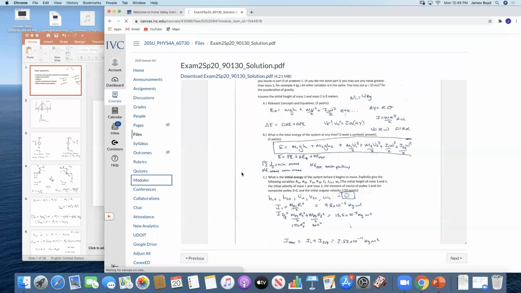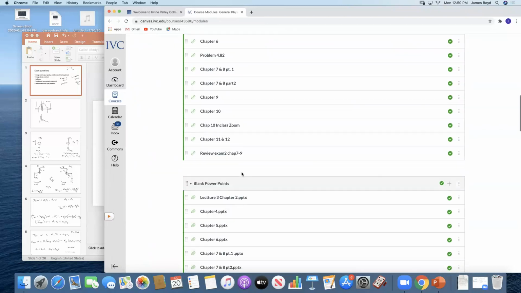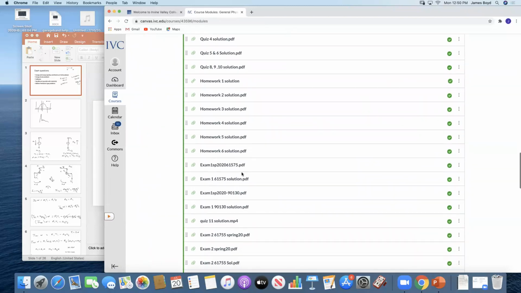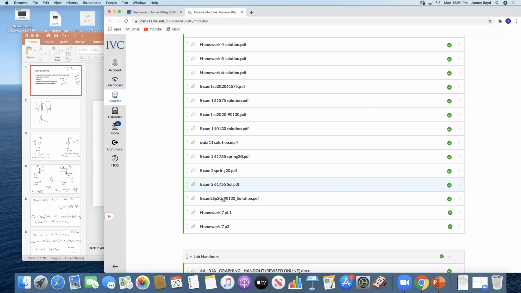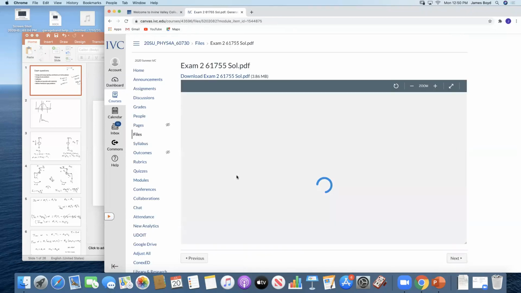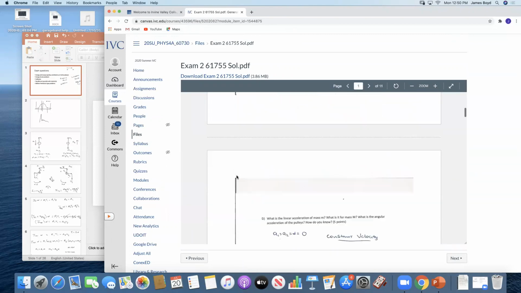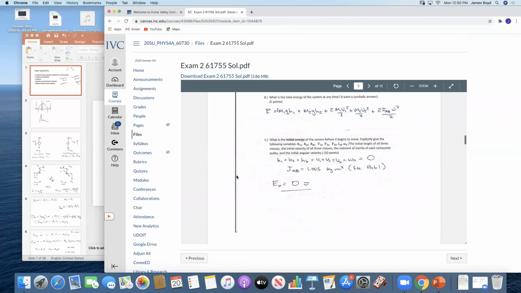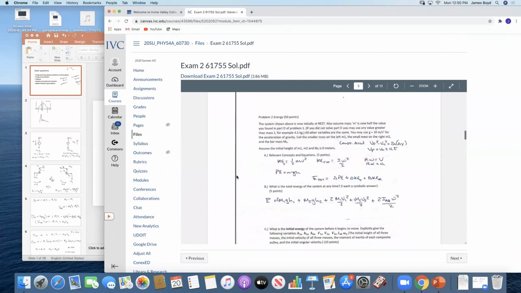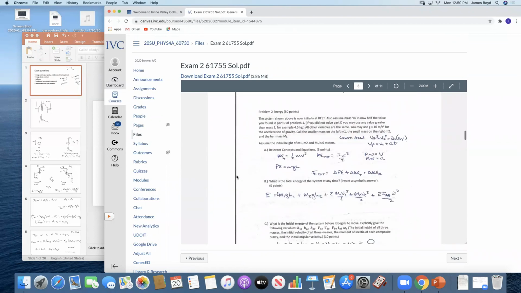All right, let me pull that up. I don't know which one I just opened. I thought the other one. Did I just open the same one? No, I think this is the one I was talking about. Oh, yeah.